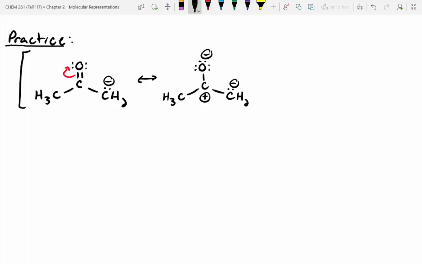This oxygen is negative. All right? And then after this, I can take this set of electrons and move it down there and form a pi bond. I'm going to just drop both of these hydrogens now.